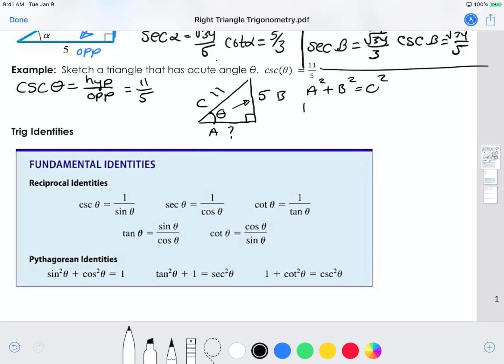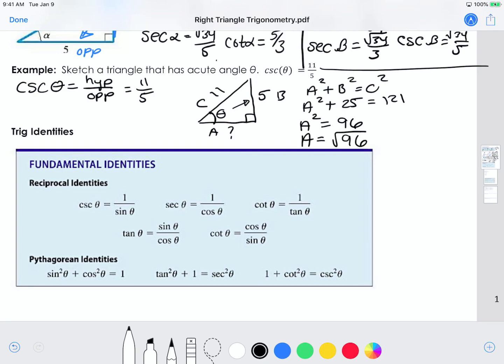So I would have A squared plus 25, because 5 squared is 25, is equal to 121, because C squared, that's 11 squared, which is 121. So I would get A squared is equal to 96. I would subtract 25 from both sides. And so A is going to be the square root of 96.